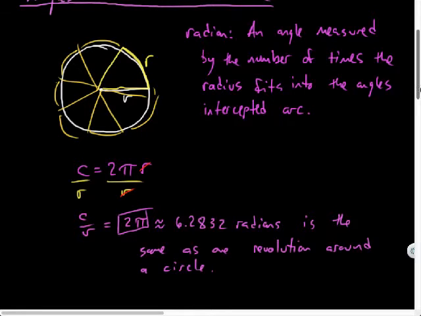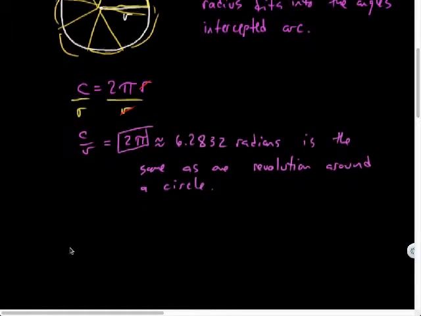So maybe that's another fact I could write down here. 2 pi radians is equal to 360 degrees. So there's a fact that you could use to convert between the two.